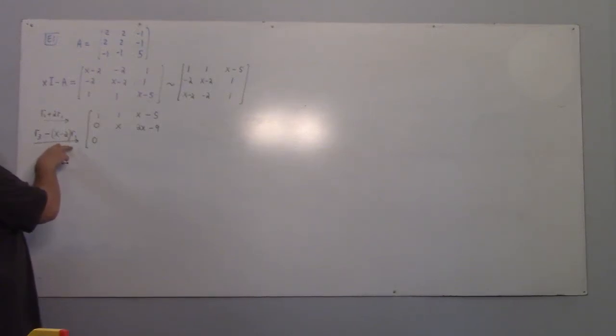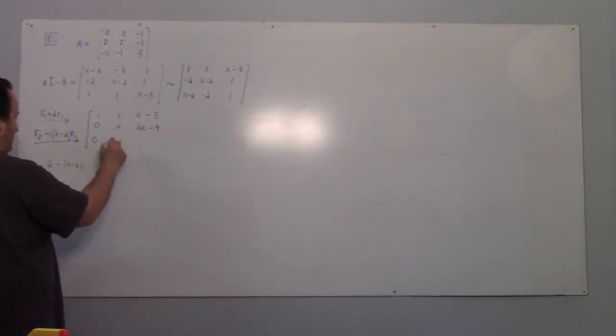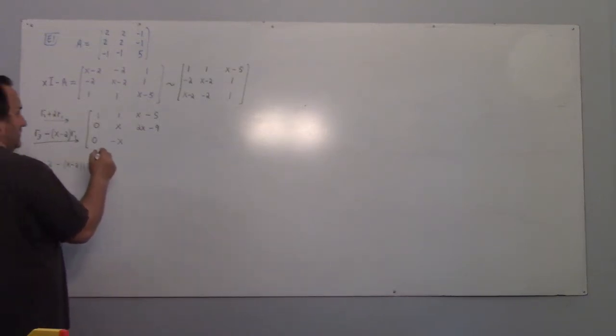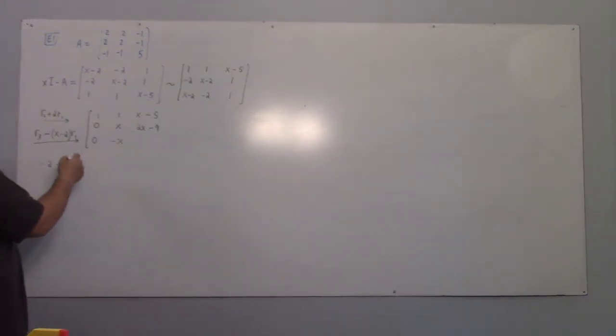That x in the middle. Yeah, so you get row 3, so we get minus x minus 2 times the row 1. So it's minus x. And x minus 5x, so that's a polynomial.